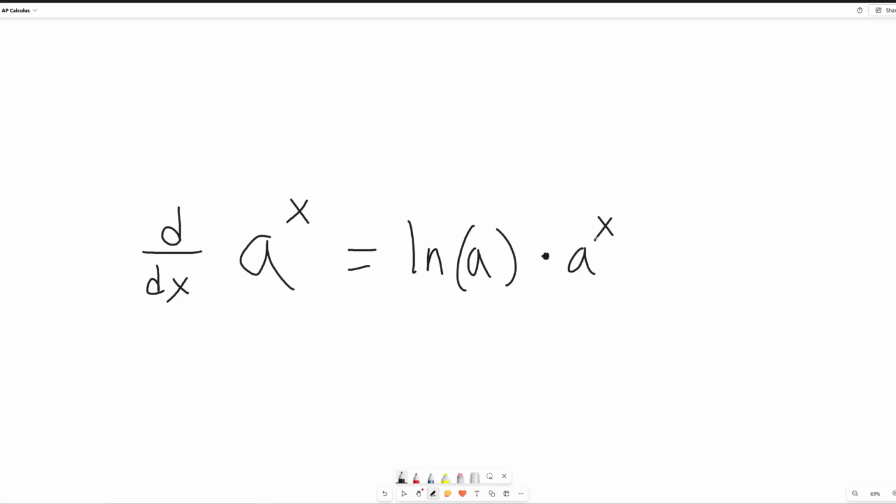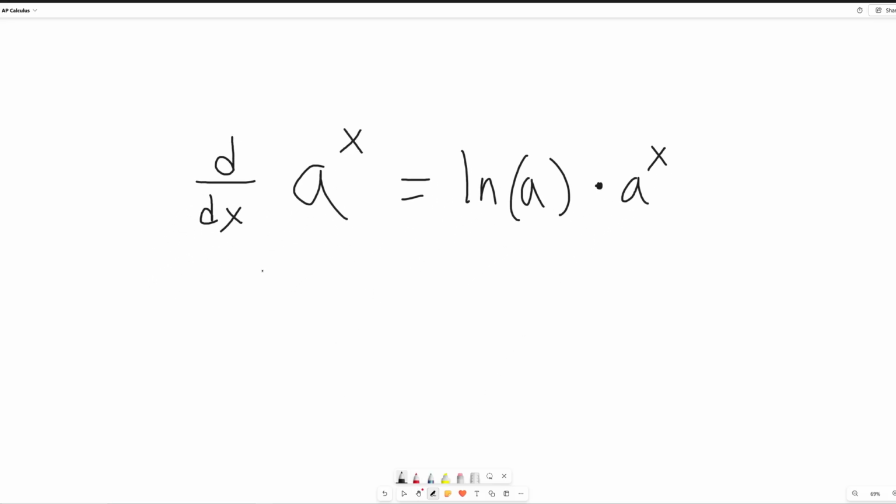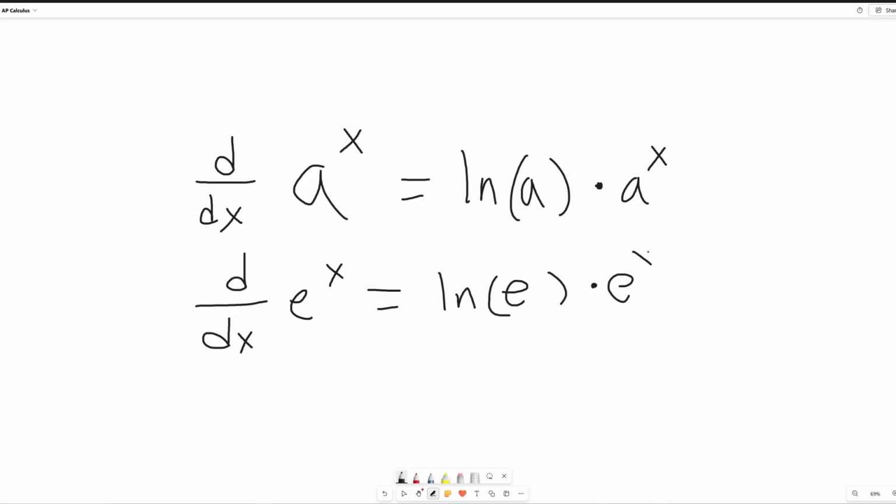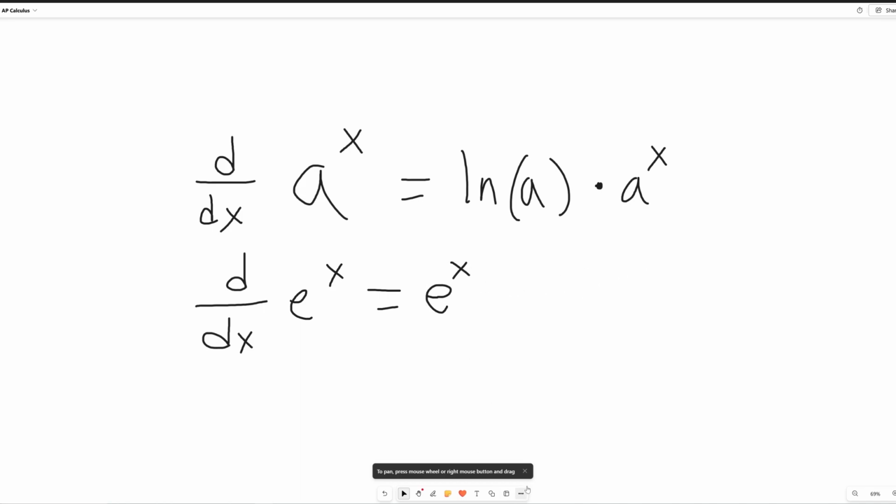It's as simple as that. You just times it by the base. And then, as you can imagine, e to the x is ln of e times e to the x. But because ln of e is just 1, the derivative of e to the x is e to the x.